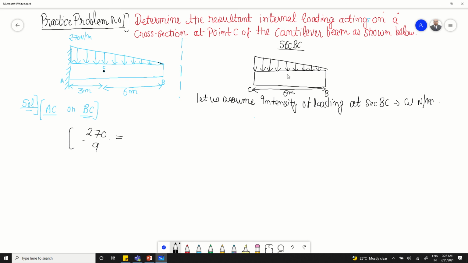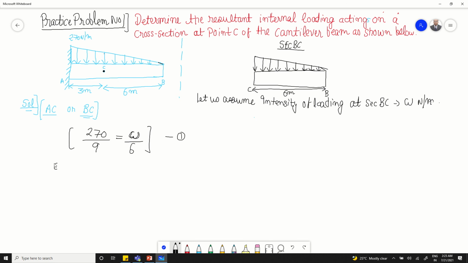So what will be the proportion of the distributed loading in section BC? It will be W, that is the assumed loading, divided by 6. So these proportions will be equal. Let us find the magnitude of W from this equation, and name it equation number 1.